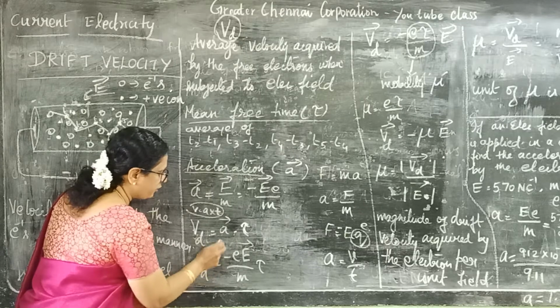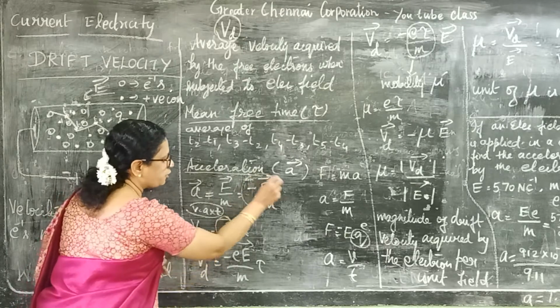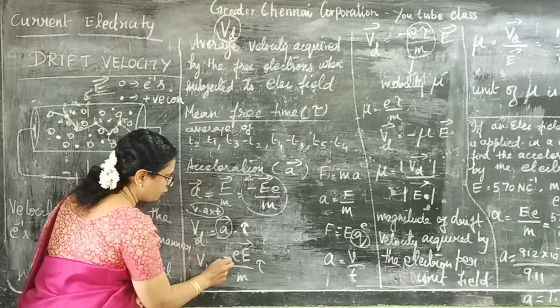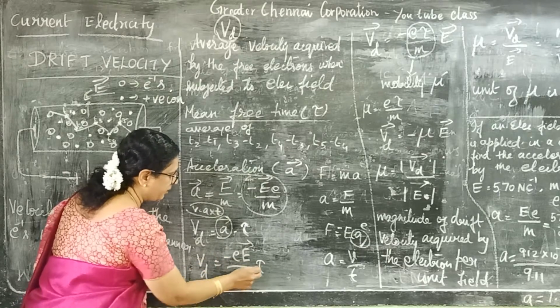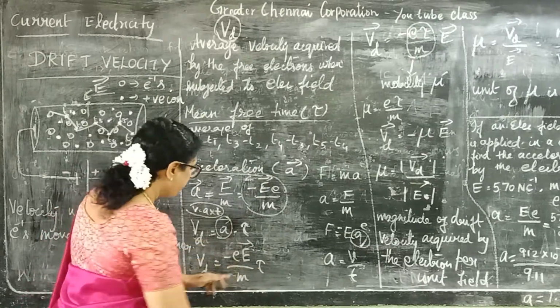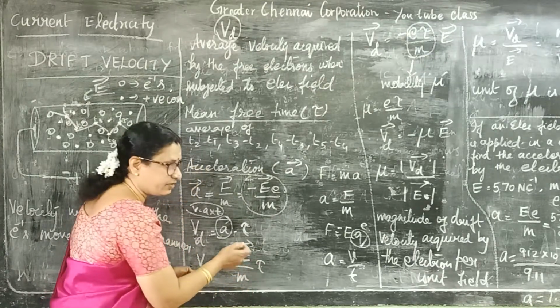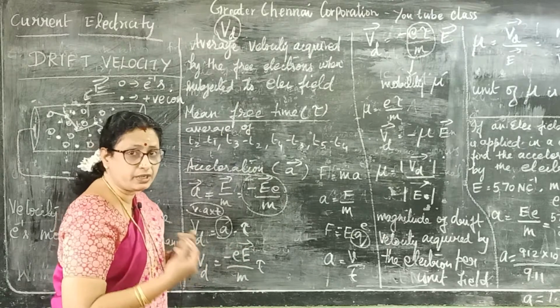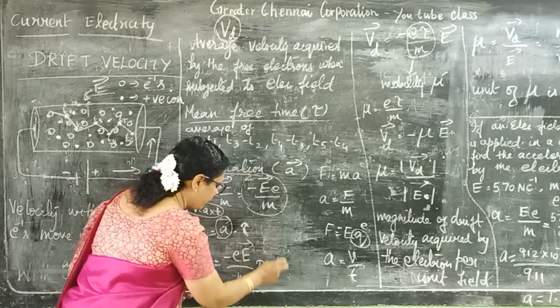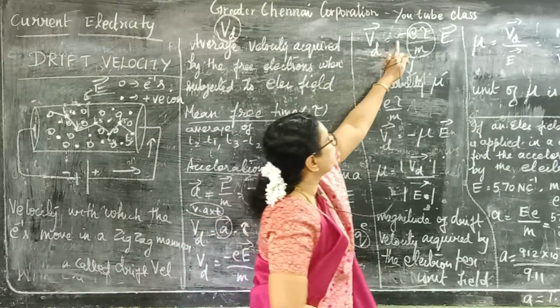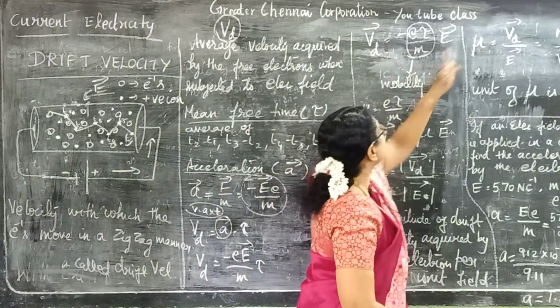So Vd is equal to, in the place of a you substitute minus eE by m. So substituting you will get Vd is equal to minus eE by m into tau. Here all these are constant except for the electric field E which is applied externally, whose value we can change. So you take this outside and all these put together you get Vd is equal to minus e tau by m into E vector.